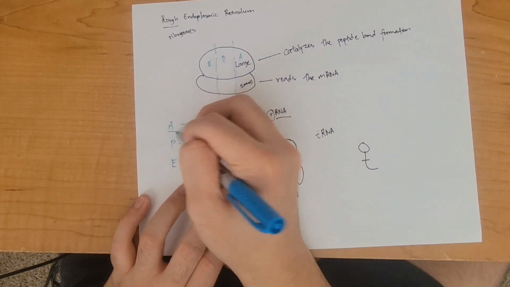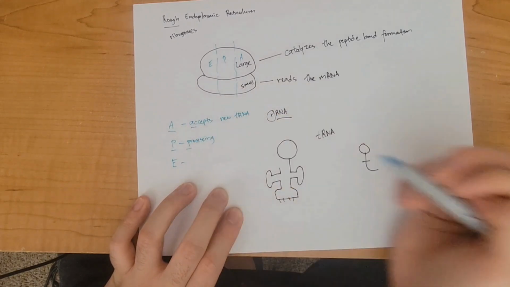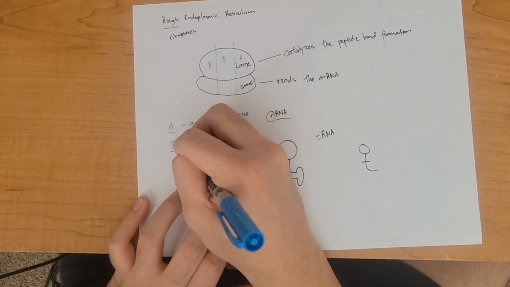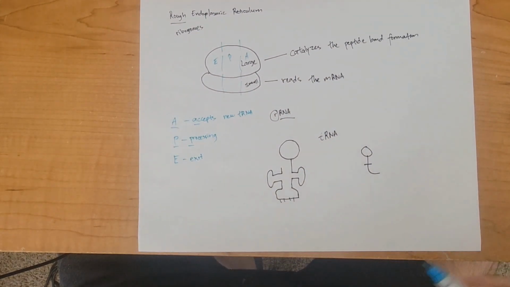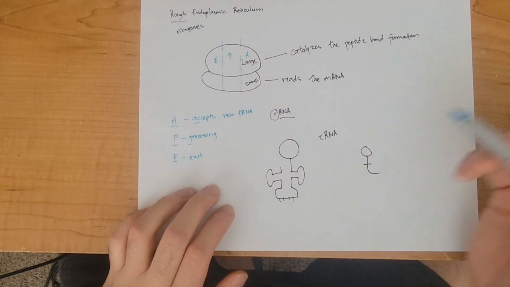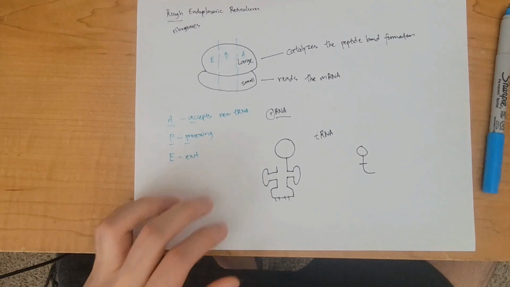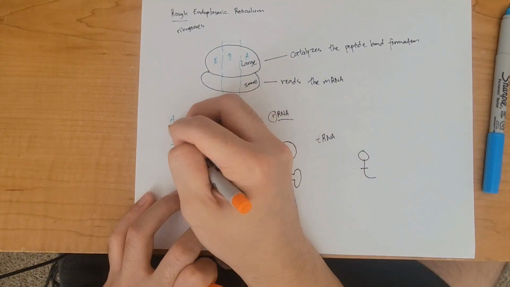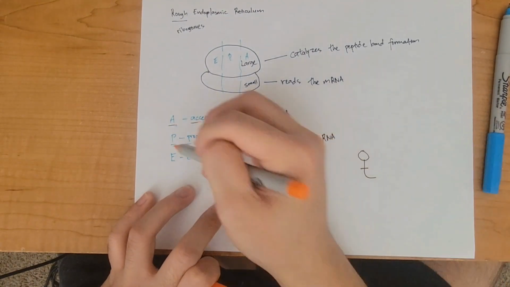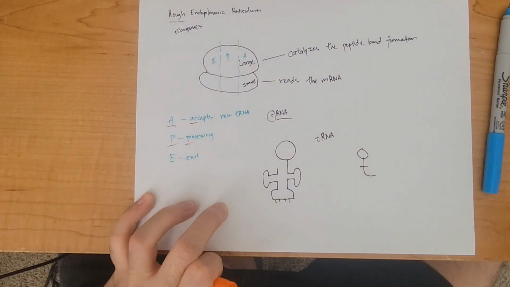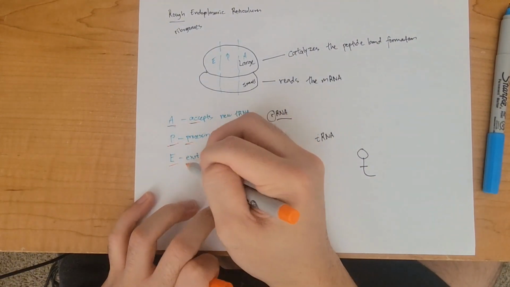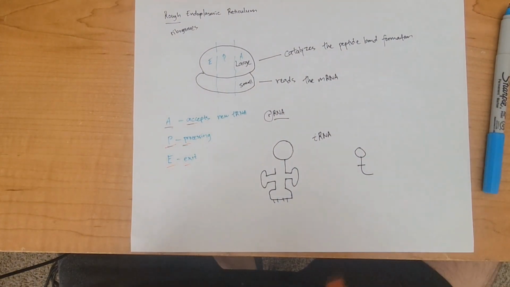So you can think of it, A accepts, P processing, and then E is the exit site. That's where the tRNA is going to be ejected. So I don't know if you have other ways to remember it, but this is my way. The A site accepts new tRNA, the P site processes the tRNA, and the E site is the exit site.